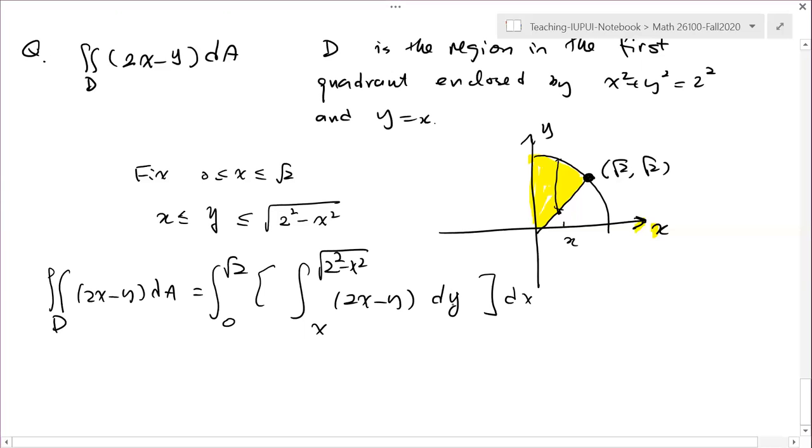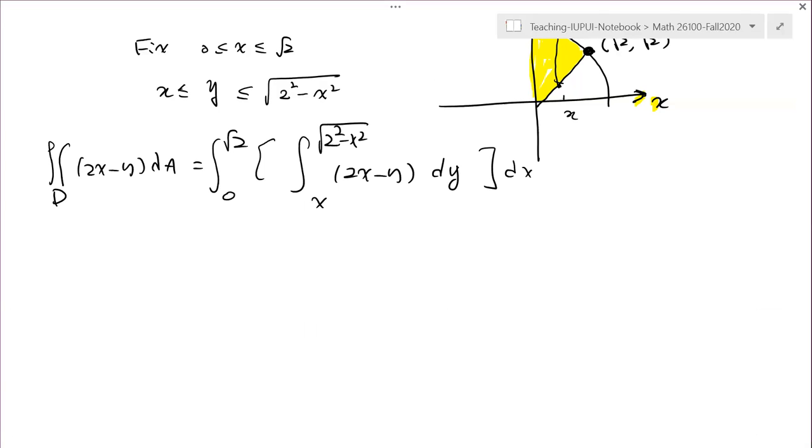Are we able to evaluate this integral? Possible, but it's a little bit complicated. You can do that. The antiderivative of 2x minus y with respect to y, you cannot get rid of the square radical here, but you can evaluate this integral without any trouble.